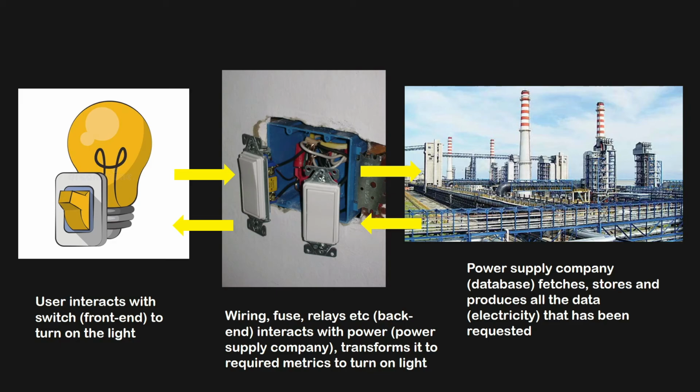And the guy that comes in to check when you have faulty wiring and all that stuff is your backend guy. And the backend guy could also probably be working for the power company as well, right? Or we can have dedicated people who are working at the power company, that kind of stuff. So you get the idea, right?